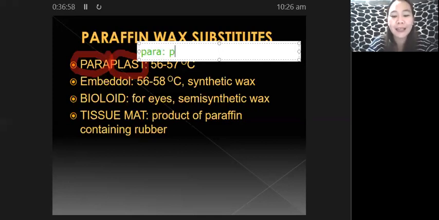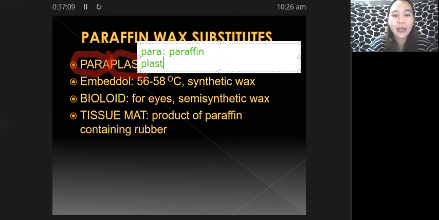Okay, para indicates the presence of your paraffin. And of course, the word plast there indicates the presence of your plastic or resin.